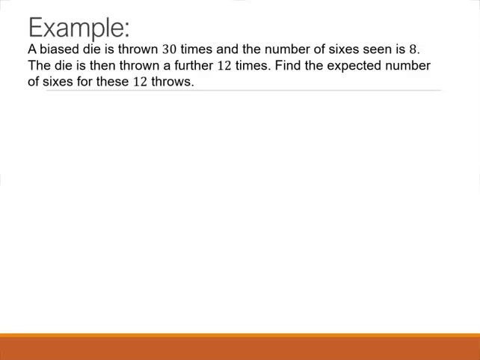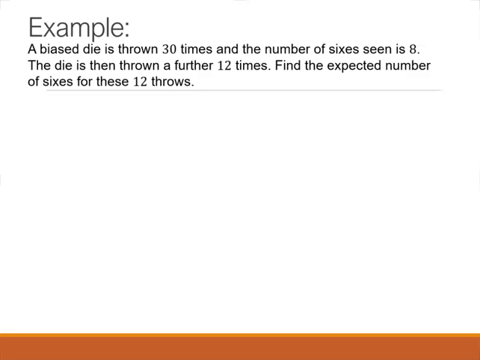So a biased die is thrown 30 times, and the number of successes seen, the number of 6s seen, is 8. The die is then thrown a further 12 times. Find the expected number of 6s for these 12 throws. First things first, is this a binomial experiment? Do we have a fixed number of trials, a finite number of trials? Yes.